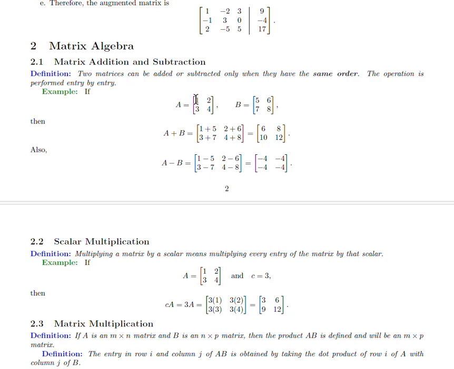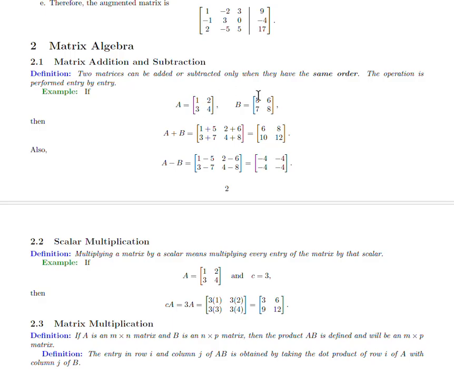our element on row 1 column 1 for matrix A plus our element on row 1 column 1 for matrix B. So each element will take its corresponding element in the next matrix and perform the operation. If it's addition, you add; if it's subtraction, you subtract.